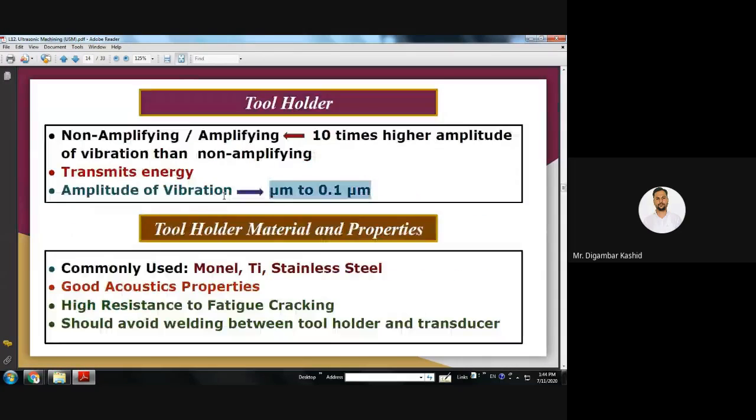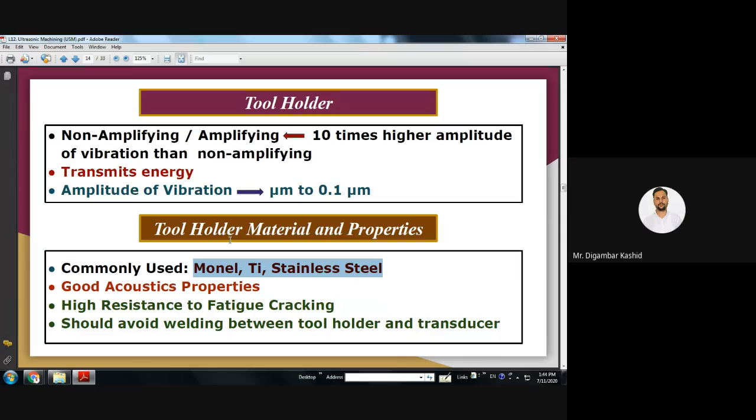Normally the materials commonly used for this tool holder are Monel, then titanium, then stainless steel. The most important property of the tool holder is that it should have good acoustic properties, because we are creating the vibration.